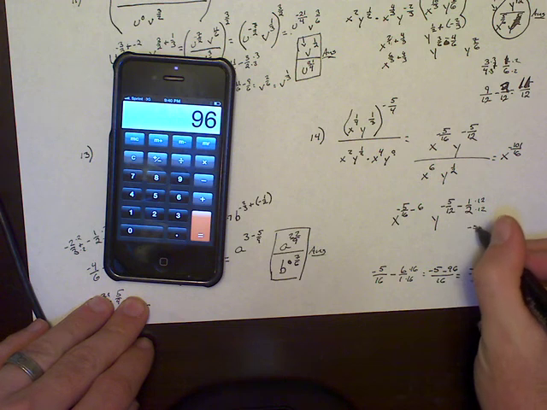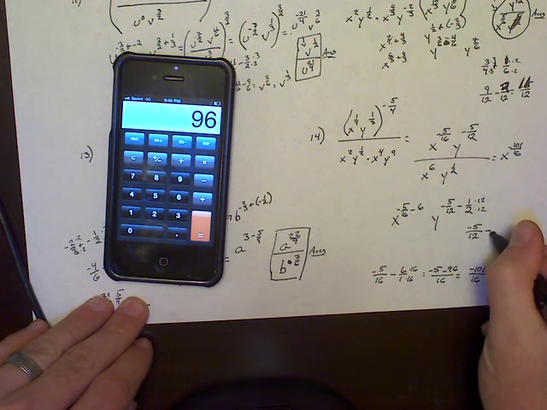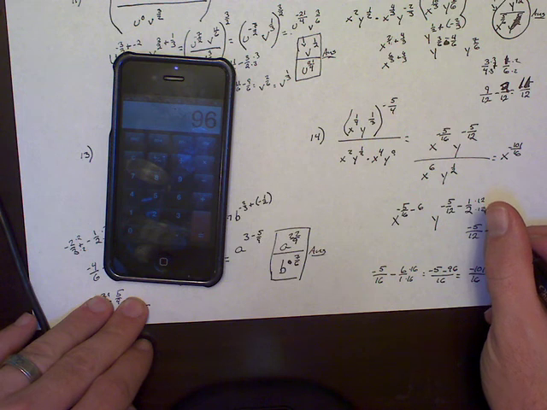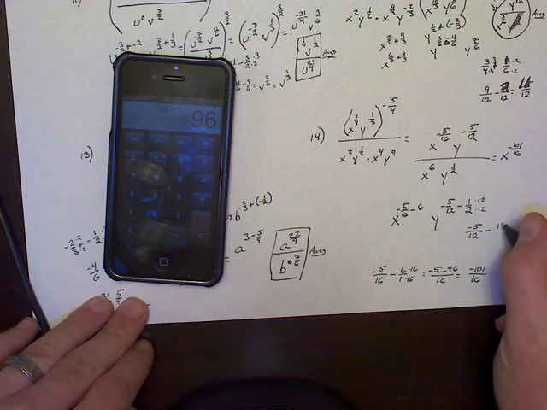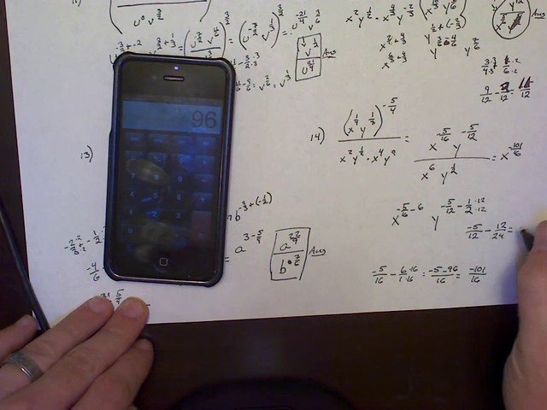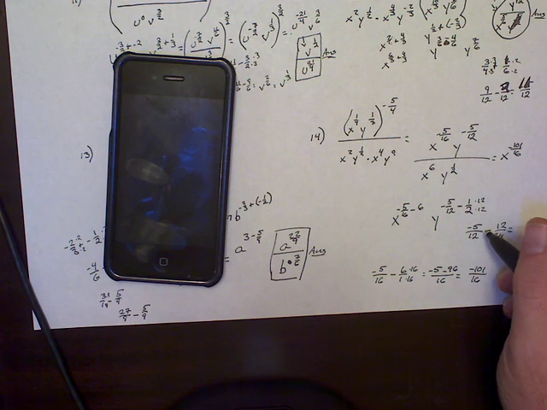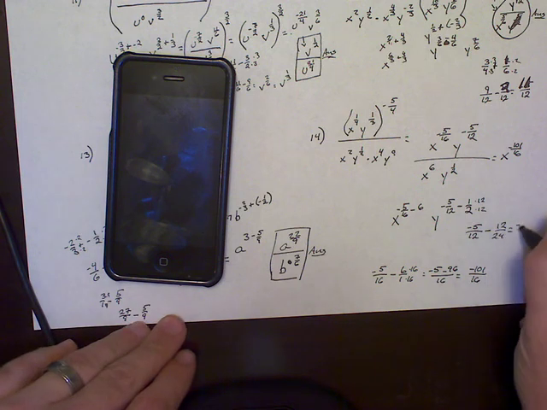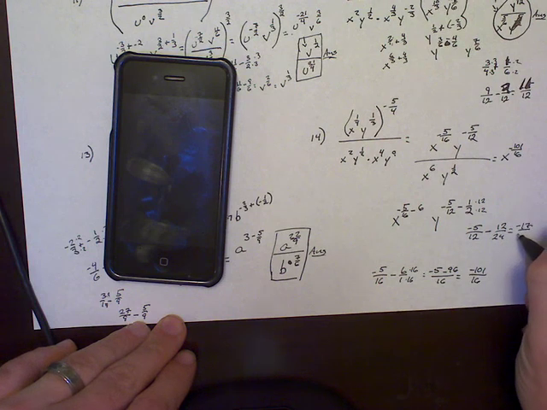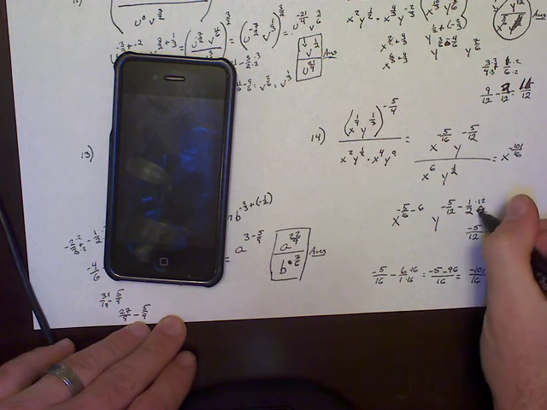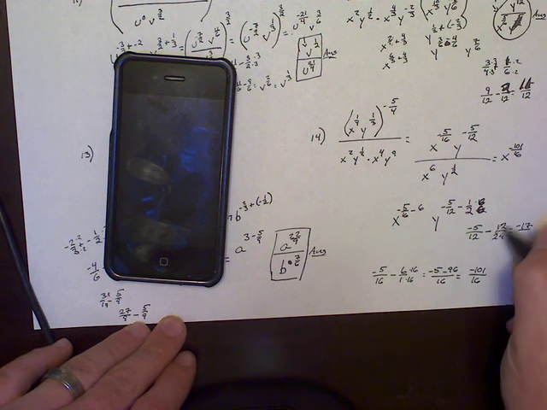So that gives us negative 17 over, actually we want to make this a 6. We want to multiply top and bottom by 6. So that's not going to work. Yeah, it's definitely getting late. So negative 5 over 12 minus 6 over 12. So that gives us negative 11 over 12. So y to the negative 11 over 12.